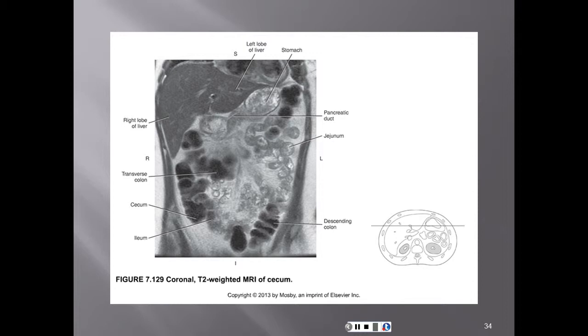The hepatic flexure marks the beginning of the transverse colon. The transverse colon travels horizontally across the anterior abdomen toward the spleen, where it bends sharply downward, creating the splenic flexure. And also recall that the transverse colon lays anterior to the ascending and descending colon when viewing.